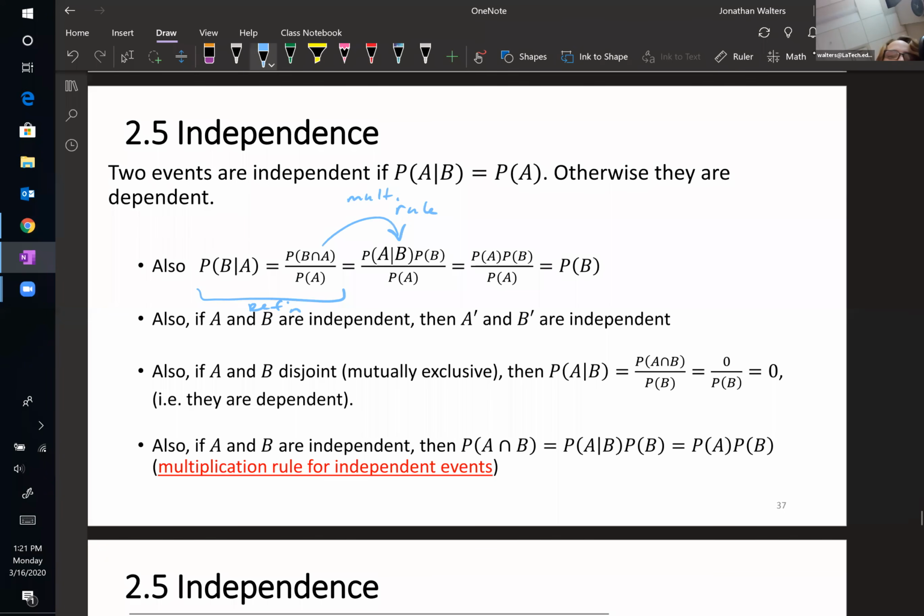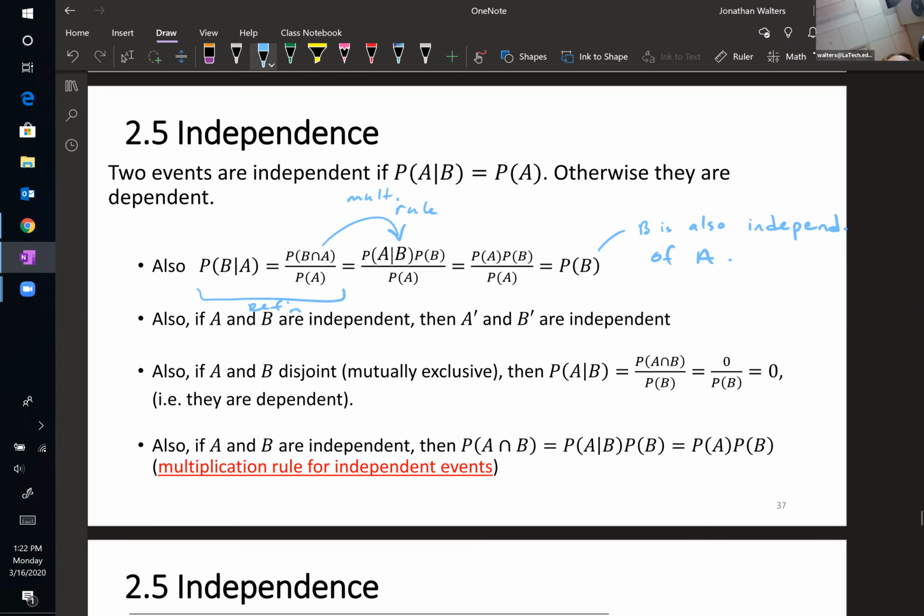I know that this probability is unchanged by B, meaning it's just probability of A. So the probability of A cancels, and that's just probability of B. So if A is independent of B, then we can say that B is also independent of A. That's all this says.